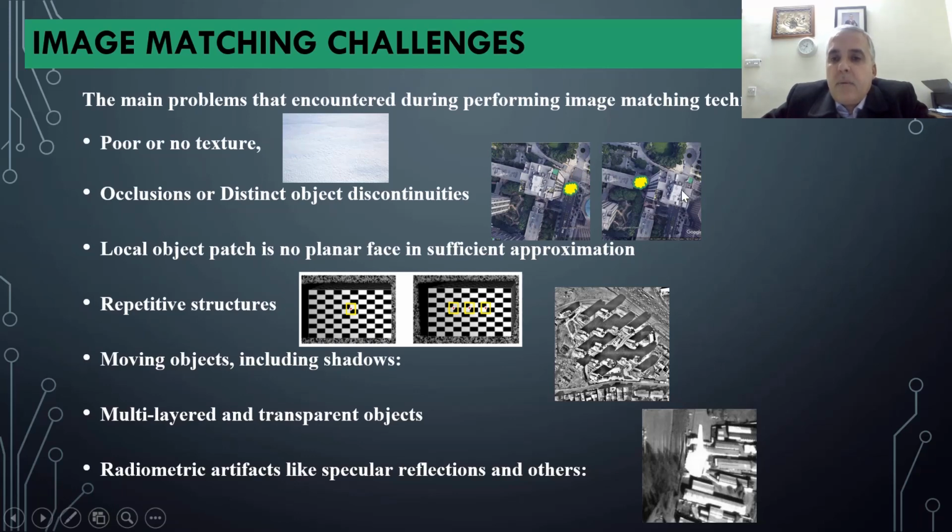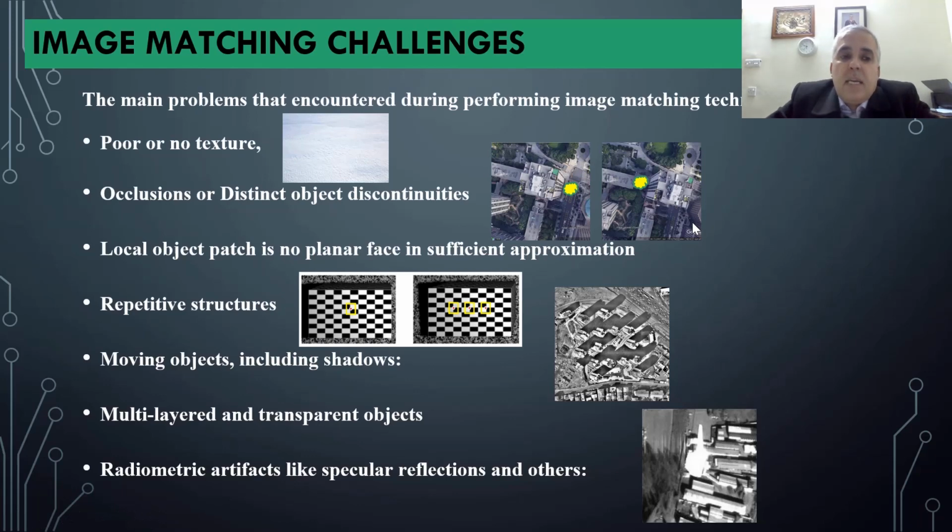But on the right image, this one will appear and the other part is occluded. Therefore, this part will fail to find the corresponding one, because when we identify a pixel here, it will not be possible to find the corresponding point on the right side. Local object patch with no planar face is an insufficient approximation.